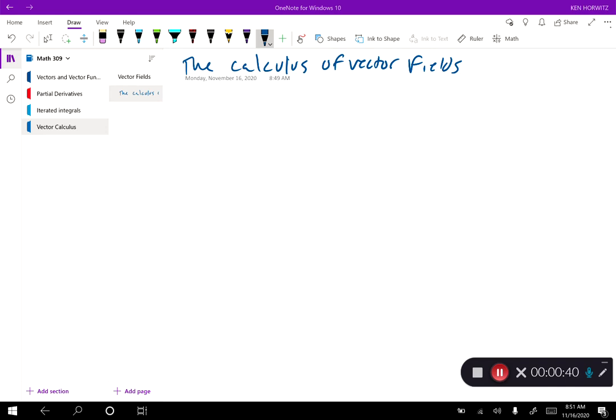There's a lot of new things to learn here. One of the things we need to realize is that we've already studied one type of vector field, and that was the gradient, del F. Let's review for a second what a gradient is.